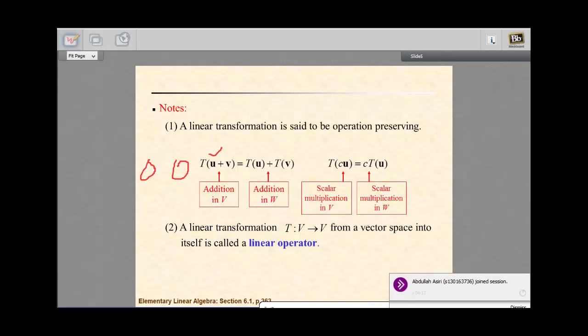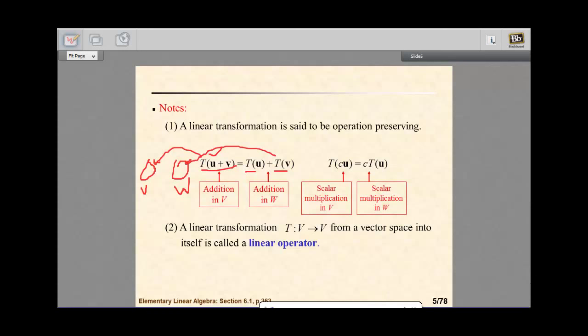There are two things, this is V and this is W. The transformation of u plus v is taken from V, and after that the transformation of u plus the transformation of v is in W. Similarly, the transformation of cu, a scalar multiplication in V, after the transformation will be in W.